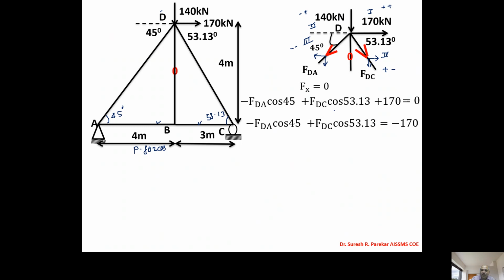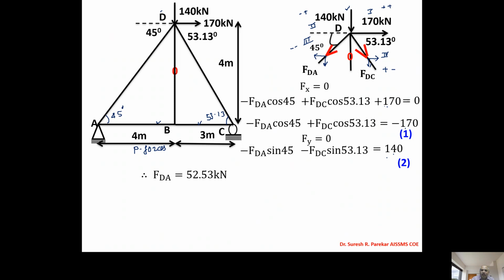From this we get the first equation: minus FDA cos 45 plus FDC cos 53.13, with 170 on the right side, minus 170. And then we form the second equation. FDA both minus, so minus FDA sin 45; FDC x plus, y minus, so FDC sin 53.13; and that is minus 140 on the left. Taking it to the right, it becomes plus 140.